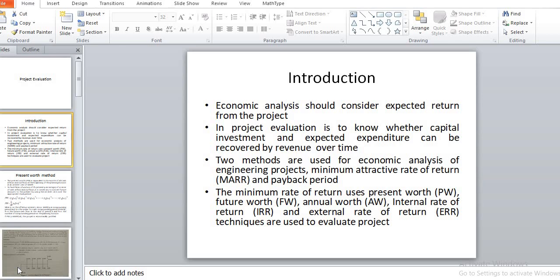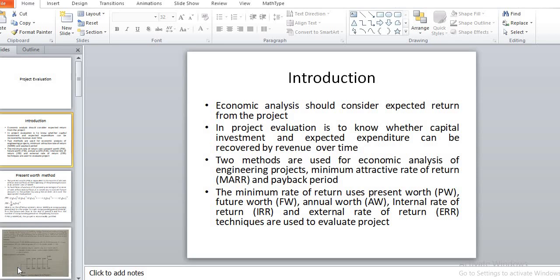In this unit, we use these methods to judge whether the project is acceptable or not acceptable, economical or not economical, or whether the investment in this project is desirable or not desirable.